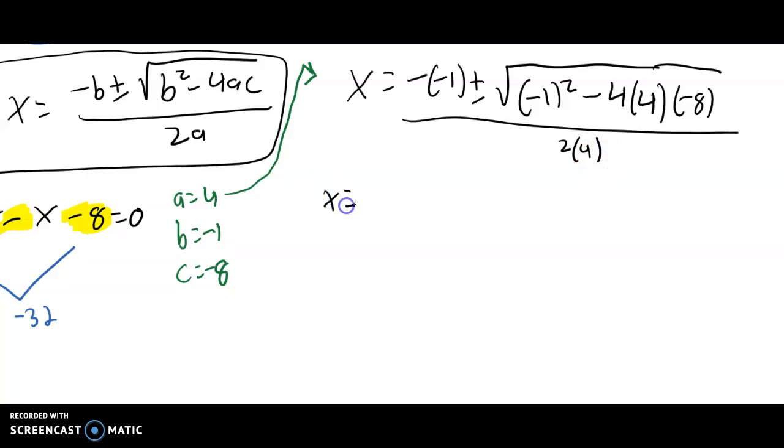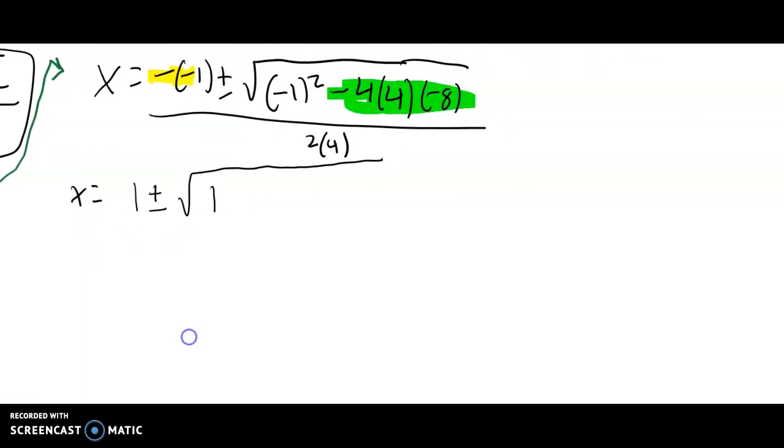Okay. Now we're just going to go through and simplify things. Negative 1 right here just becomes positive 1. Plus or minus stays plus or minus. And now I've got square root. Negative 1 squared means negative 1 times negative 1, so that's positive 1. And then up here in green highlighter, I'll break this down a little bit.